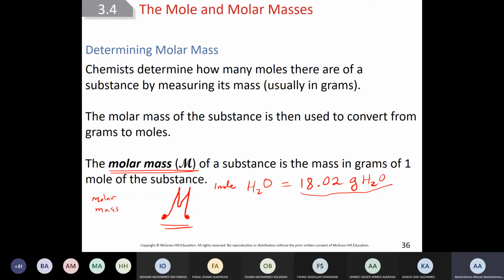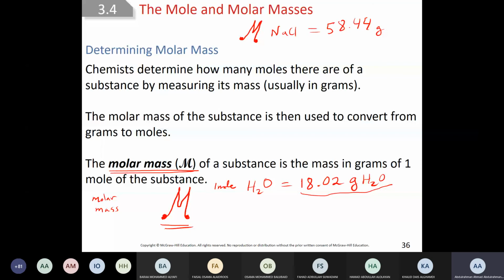Very quickly, I want you to tell me what this is for NaCl. 58.44. What's this? Gram. Amu. Gram. Good.